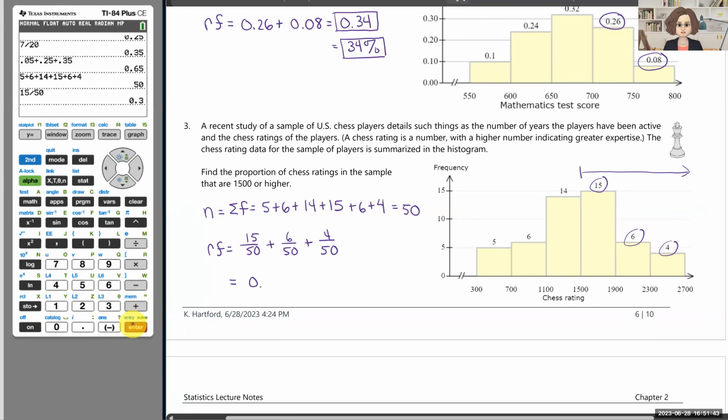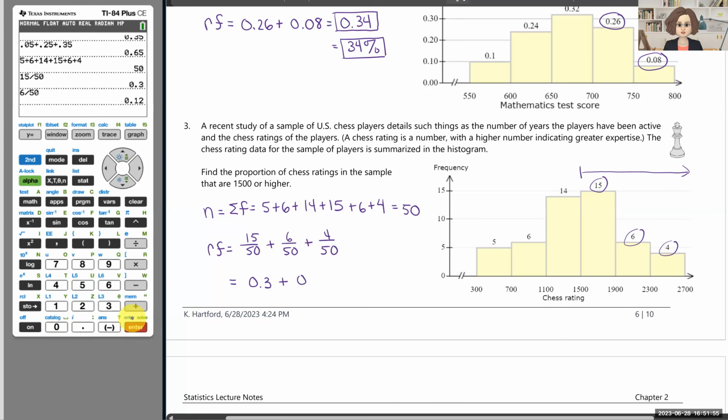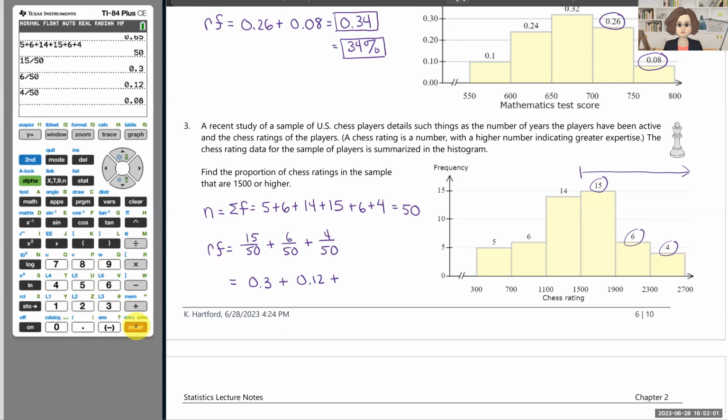So 0.3, that would be 15 is equivalent to 0.3, 30% of players, plus, so 6 divided by 50 is 0.12, 12% of players there. And then 4 divided by 50 is 0.08, or 8% of players there.